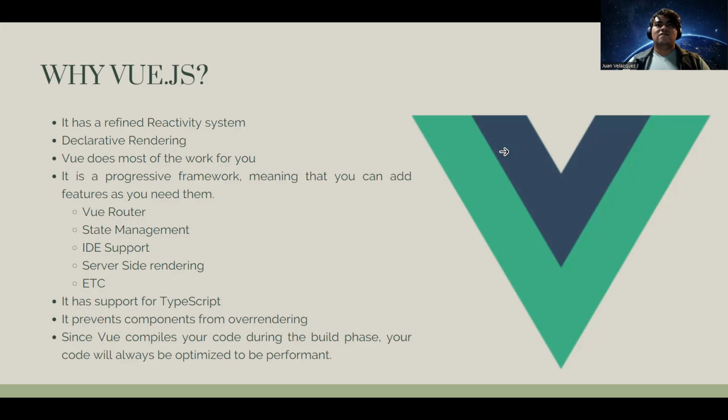So if you want to have multiple routes, maybe one for your home, one for your about, and one for your contact page, you can do that using Vue Router. State management, that's for something else. Server-side rendering, using Express or other backend frameworks. You can also use TypeScript. That is basically JavaScript, but better. That's how I would describe it.